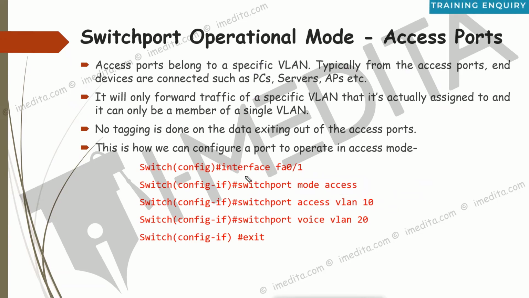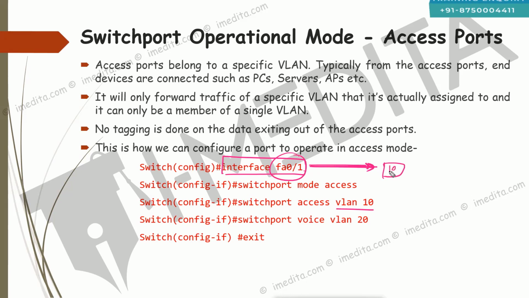And whatever traffic exits out of this particular interface, no marking is done. There is no indication on that frame that exits out of this interface that the frame belongs to VLAN 10.